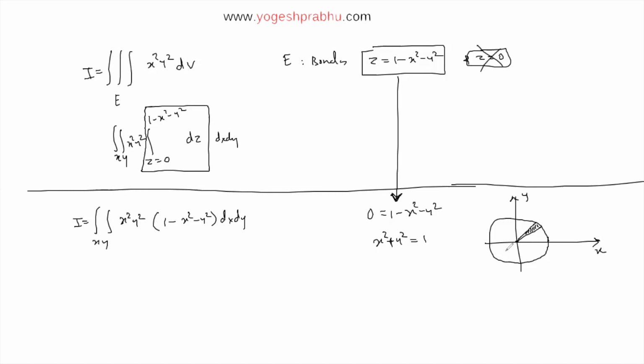Now in that case, what is the limit of r? 0 to 1. What is the limit of theta? This entire area you will take, no? So r will go from 0 to 1, and theta will go from 0 to 2 pi.